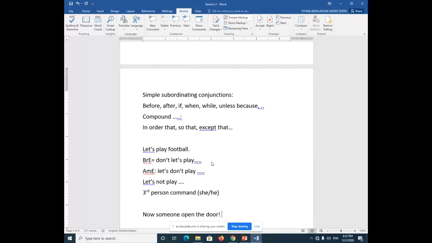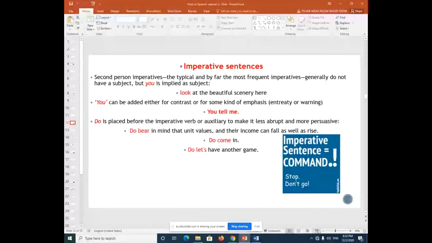Okay, we use this to talk about, it means let somebody go and open the door. Clear? Any questions?